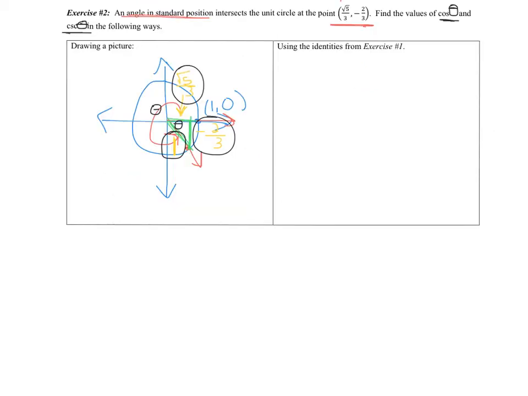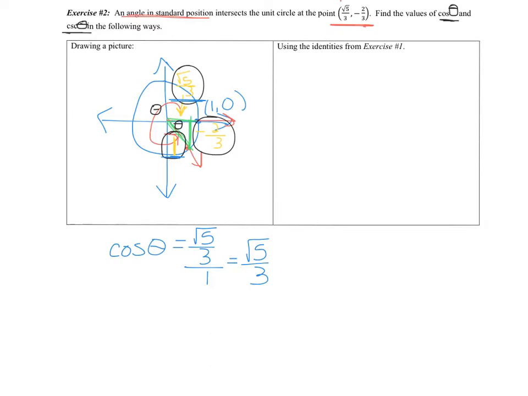So now I'm going to use this information in my picture to start to find cosine and cosecant of theta. So for cosine of theta, I want to take the adjacent over hypotenuse, so that's radical 5 over 3 over 1, which is radical 5 over 3.